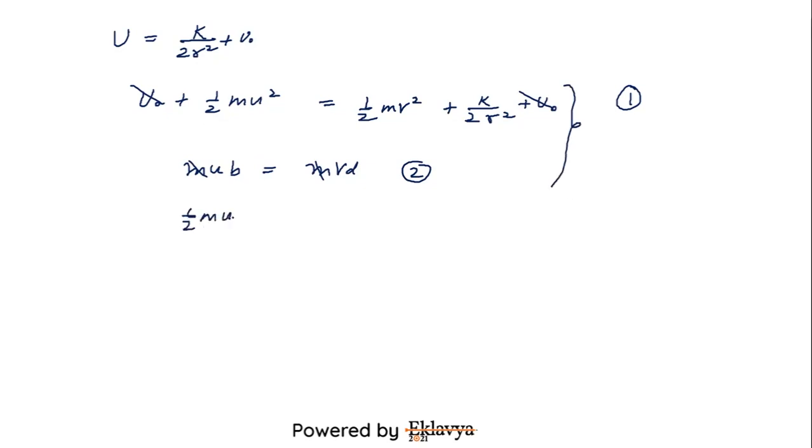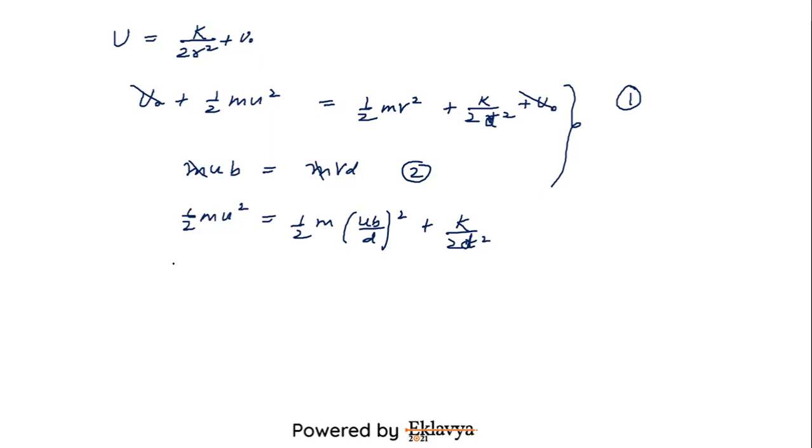So half m u square is equal to half m v square plus k by 2d square. Now v can be written as u b by d. Sorry, instead of r we could have written d here, because we are talking about a specific point, and d is what we are trying to find out.